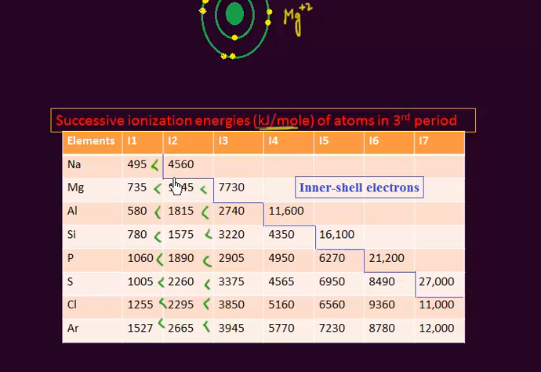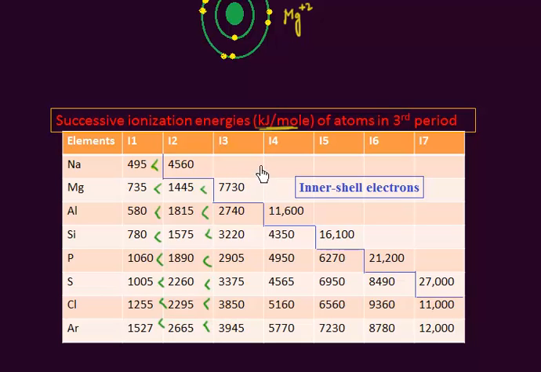But when it comes to removing the innermost shell electrons, these are the electrons which are present very close to the nucleus, and these inner shell electrons are much closer to the nucleus than the valence electrons.